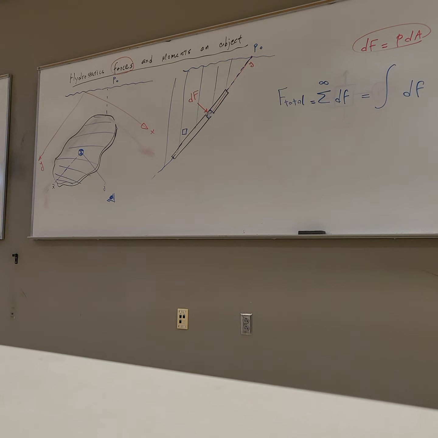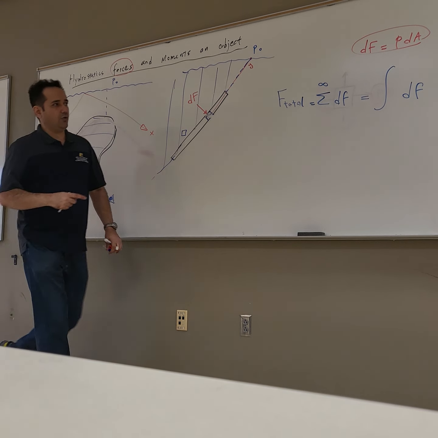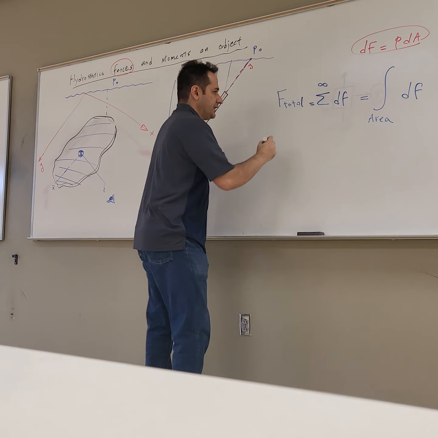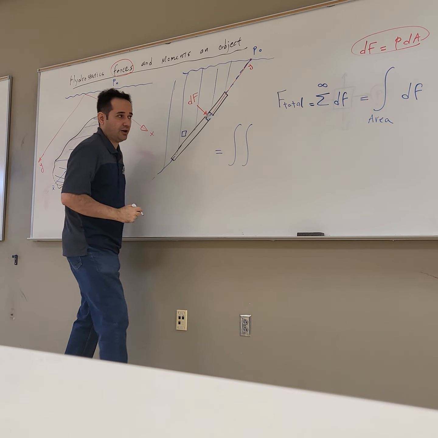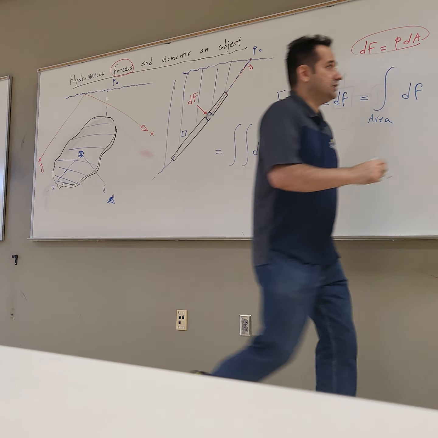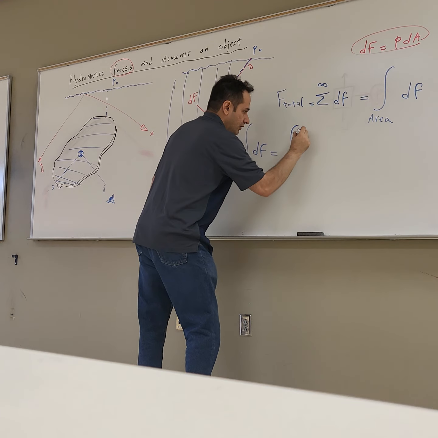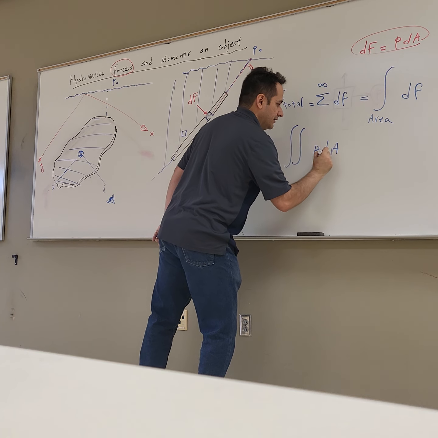And you always wondered, why do I need that as an engineer? Because of that. So the integral over area of dF, which you can show by this double integral of dF, and then you can substitute the definition of dF from this relation. So you get the double integral over this area of P dA.